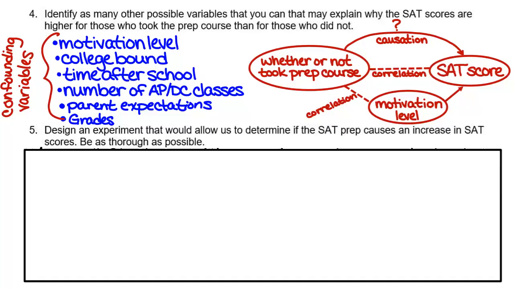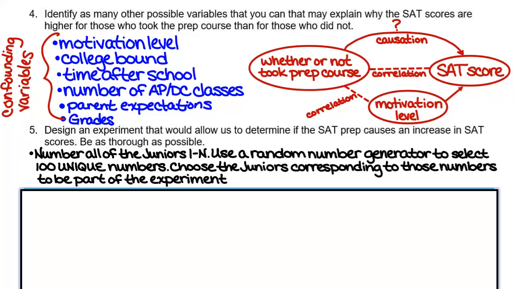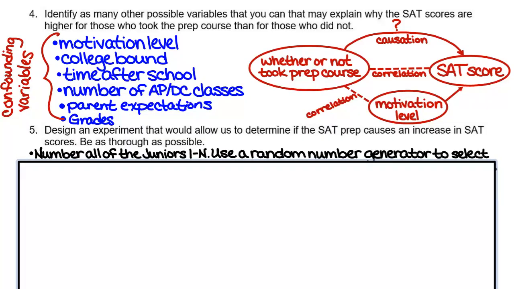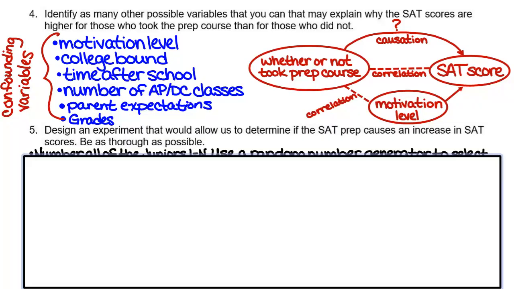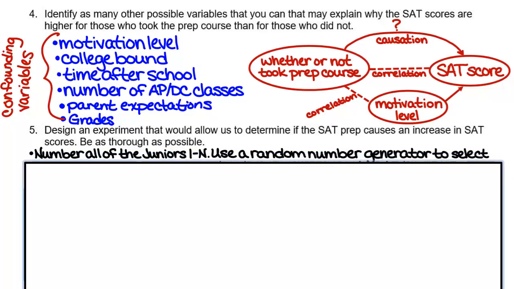Number 5, design an experiment that would allow us to determine if the SAT prep causes an increase in SAT scores. Would an experiment allow me to determine cause? Yes. So, as I'm trying to determine cause, let's pick out just our juniors.